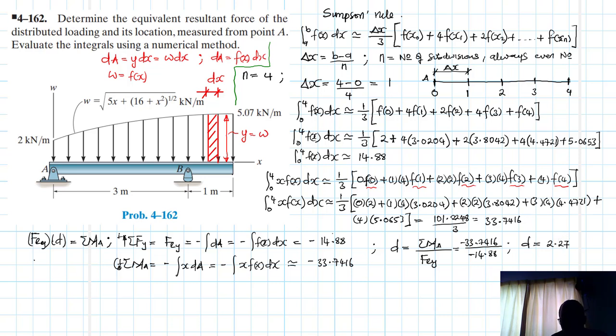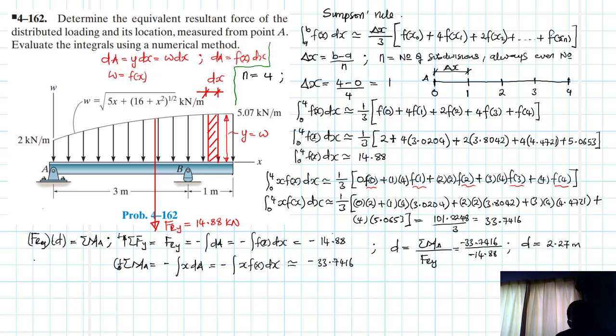Okay, approximately that. 2.27 meters. 33.7416 divided by 14.88, 2.27 meters. Okay, so if we are to replace this, maybe it is somewhere there. Okay, let's say it is somewhere there. So this one is the resultant FRY, which is equal to 14.88 kilonewtons.